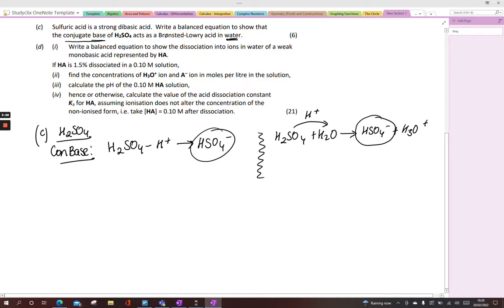We've got to write a balanced equation to show the dissociation, part C. Write a balanced equation to show that the conjugate base, which is our HSO4 minus, acts as a Bronsted-Lowry acid in water. So both methods will involve you doing this. I've got my conjugate base, my HSO4 minus, I'm adding my water. They'll not be fussy about these arrows.